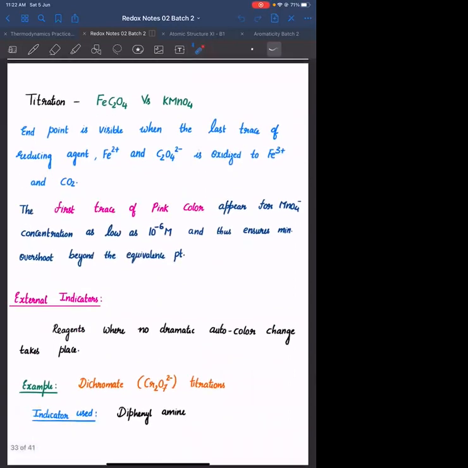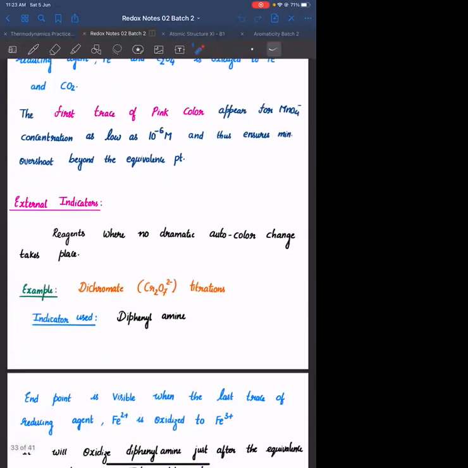The first trace of pink color appears for MnO4 concentration as low as 10⁻⁶ molar. Once all the equivalents of FeC2O4 are consumed by KMnO4, that is the last trace. After that, if I'm adding a drop of KMnO4, there will be a pink color. Is this clear? So in this case, KMnO4 is acting as a self-indicator. There is no need of adding an external indicator.